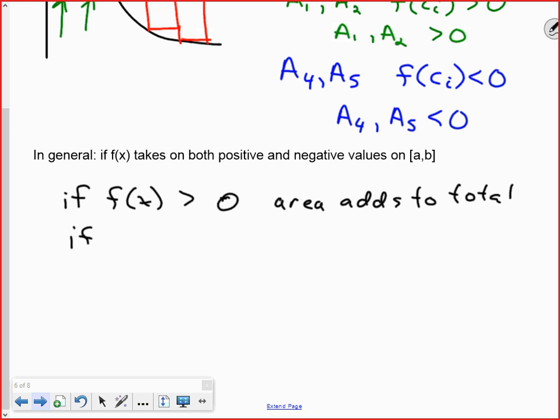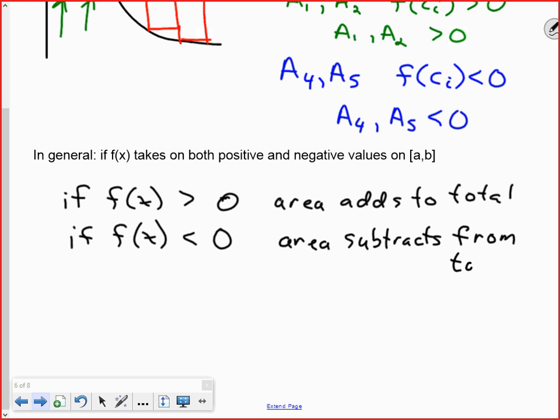If, on the other hand, the value of the function is less than 0, the area subtracts from the total. So it's like we're adding negative area.